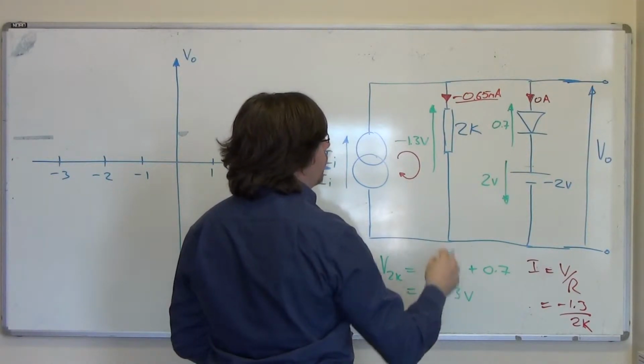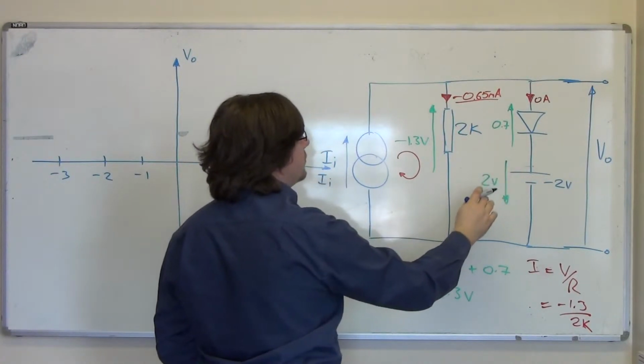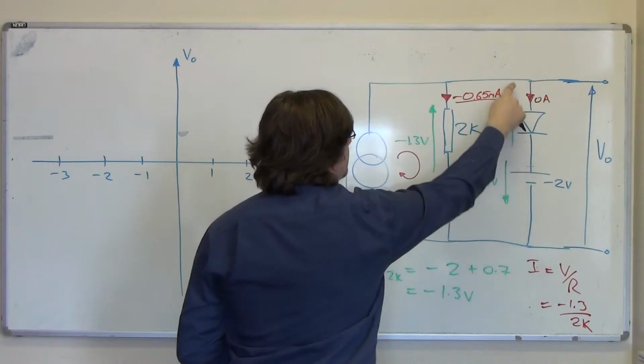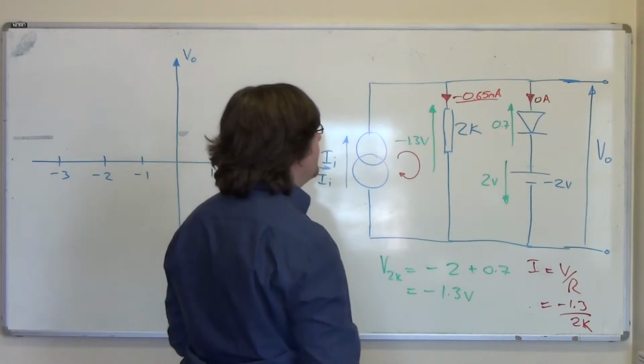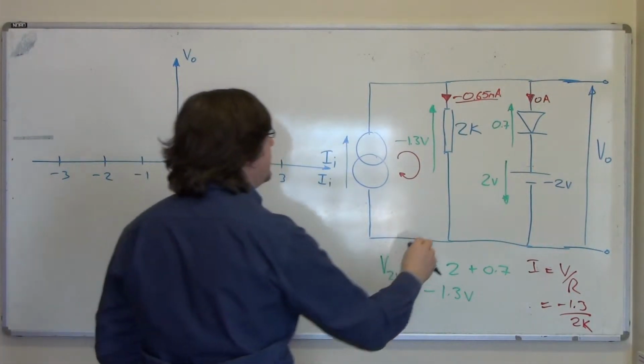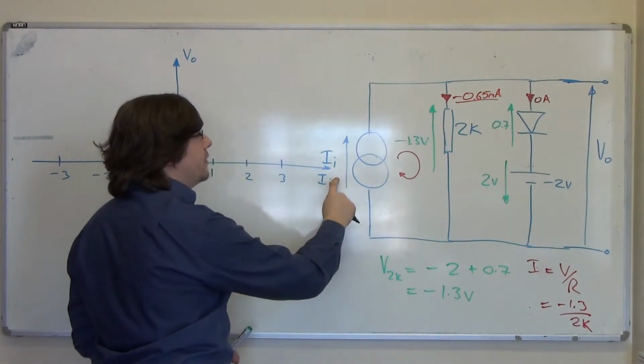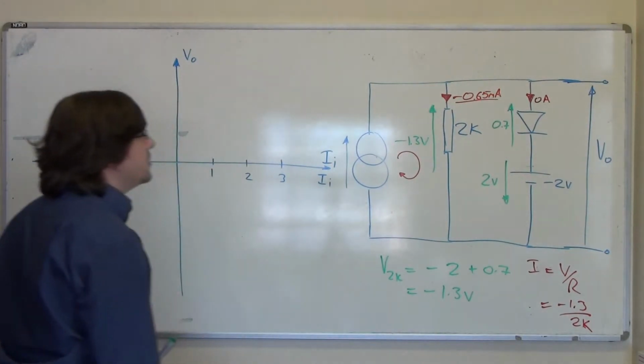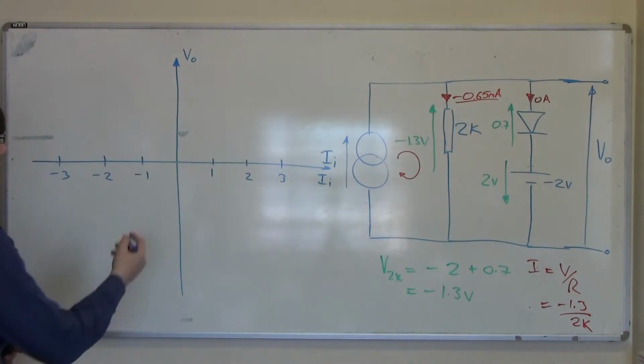So when the diode is conducting, V out will be clamped at the voltage across these two, which will be minus 1.3 volts. And the current that needs to flow out of II to produce this point of clamping is minus 0.65 milliamps. So we can draw something on the graph now.